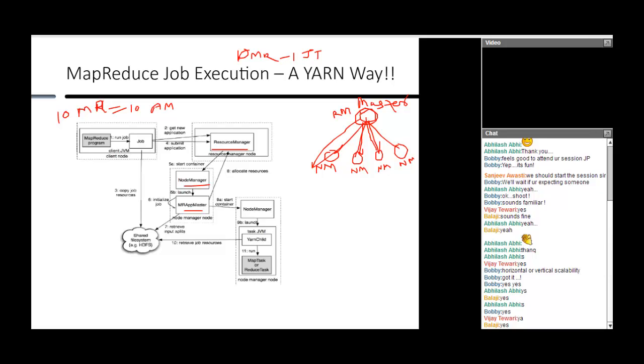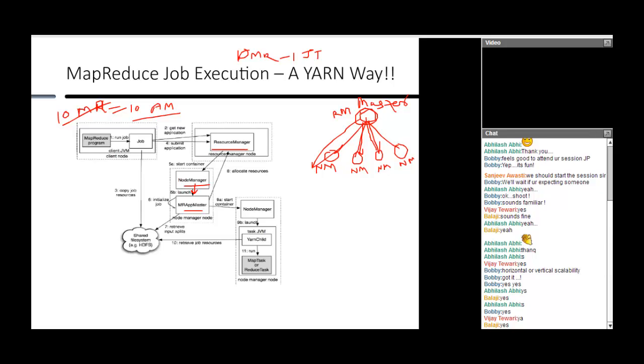Now you have 10 MapReduce programs and 10 application masters, so that one person is not overloaded, and there are individuals responsible for executing one particular MapReduce program on the Hadoop cluster. As and when the program completes successfully, the application master will also be shut down and its resources will be released. That entire resource management of this application master will be handled by the node manager.